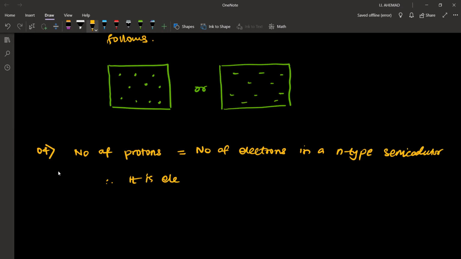Therefore, it is electrically neutral. Although we say N-type, negative type semiconductor, it is actually electrically neutral. Is the final point clear? That they are electrically neutral.